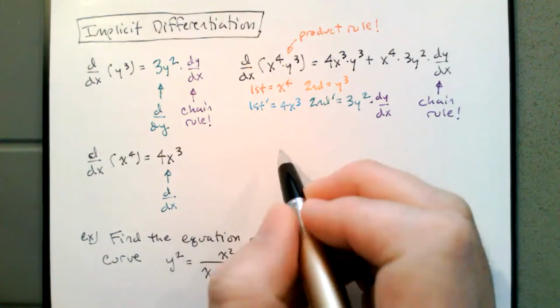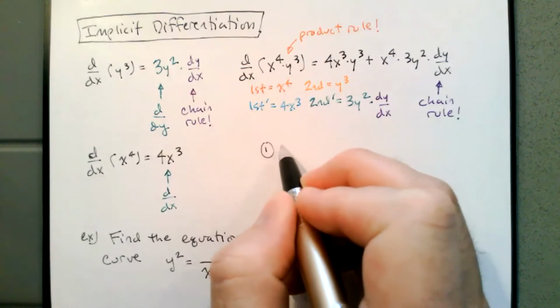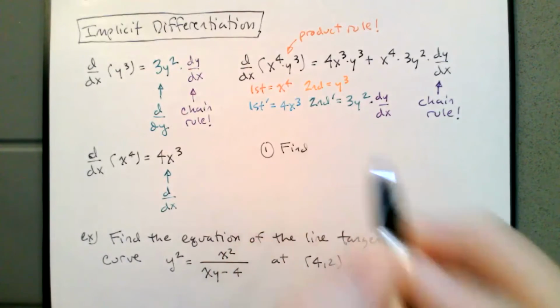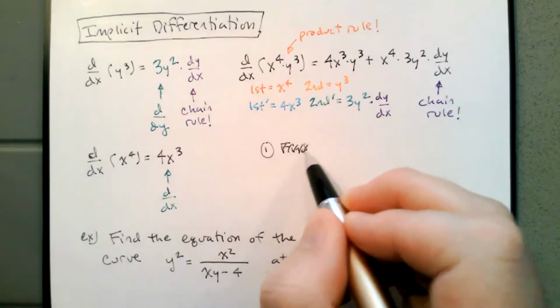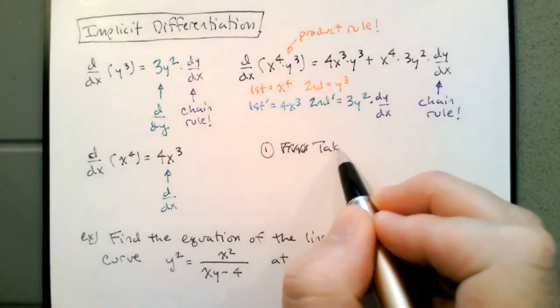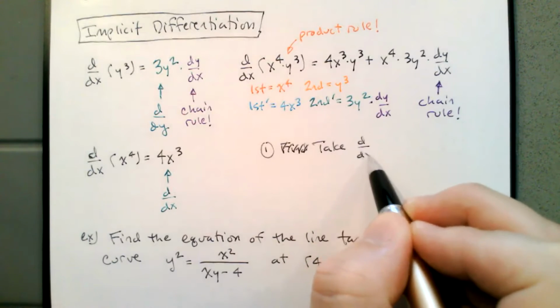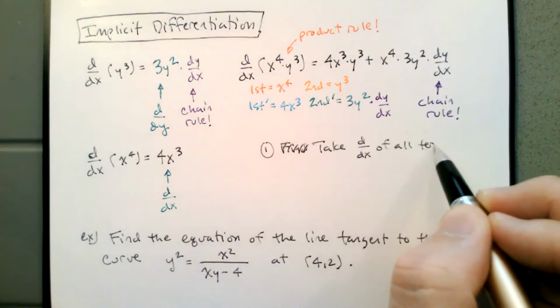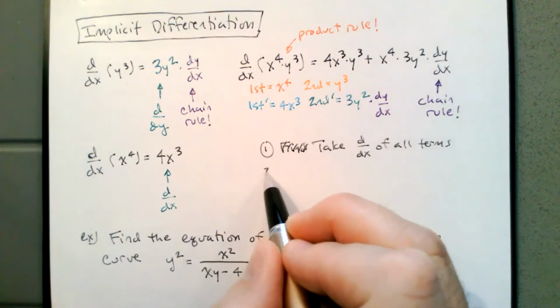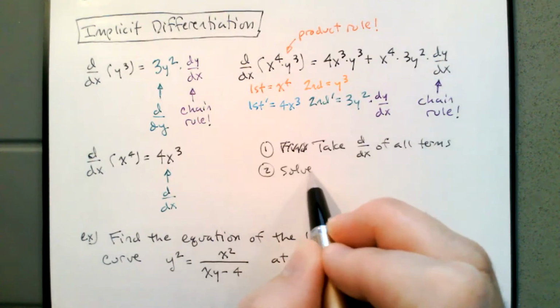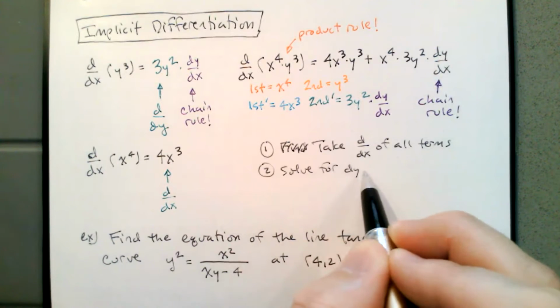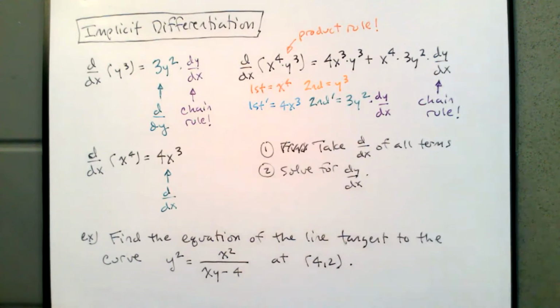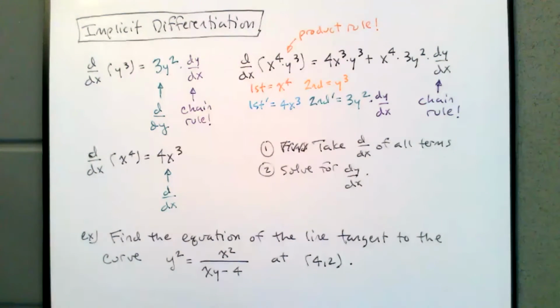So what we're doing in implicit differentiation to find dy dx is take the derivative with respect to x of all the terms, and then solve for dy dx. Find the derivative with respect to x of all the terms, and then solve for dy dx.